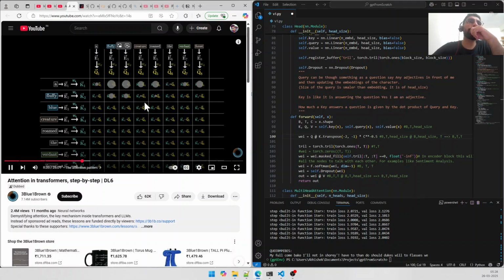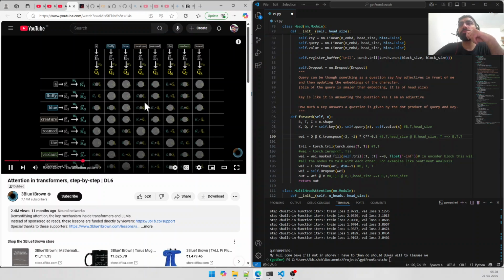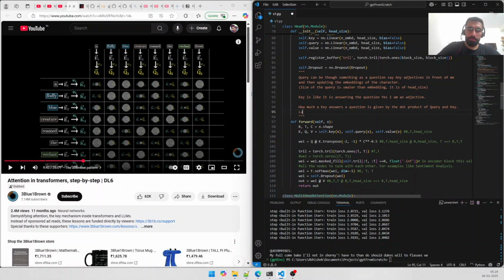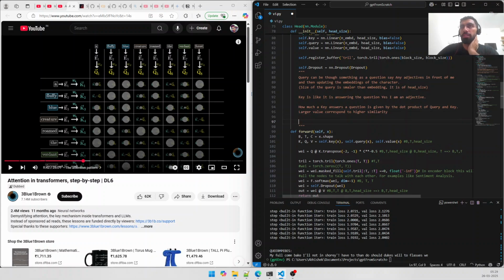I like to visualize a grid full of a bunch of dots, where the bigger dots correspond to the larger dot products, the places where the keys and queries align. Larger values correspond to higher similarity.